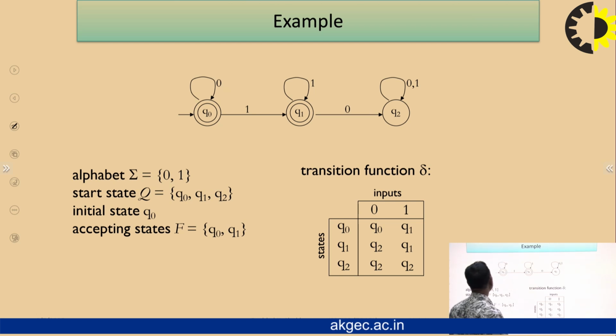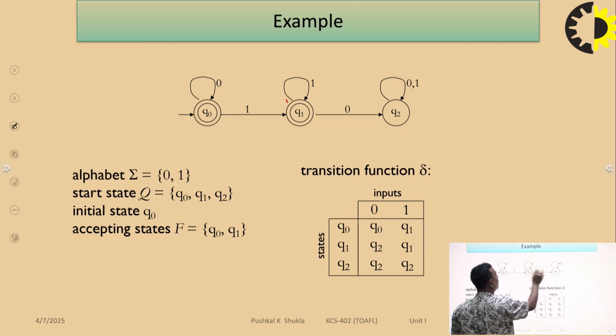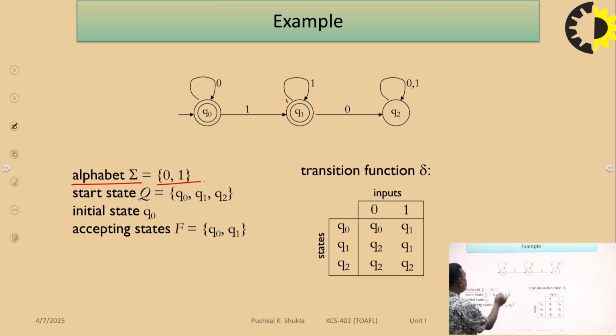Now we see an example of a DFA. Here there are three states: Q0, Q1 and Q2. The input alphabets are 0 and 1, only two alphabets, so sigma equals {0, 1}.